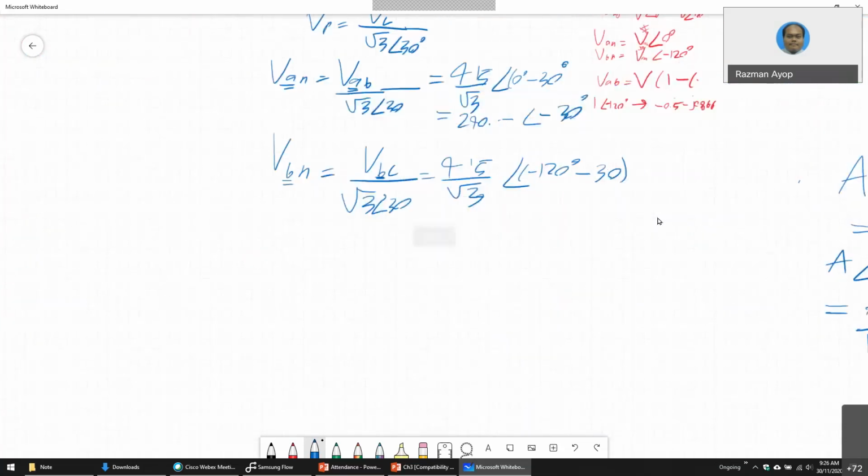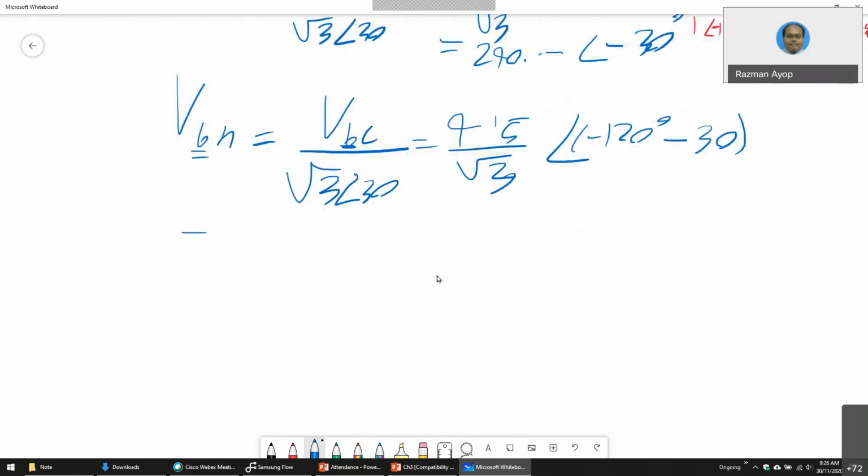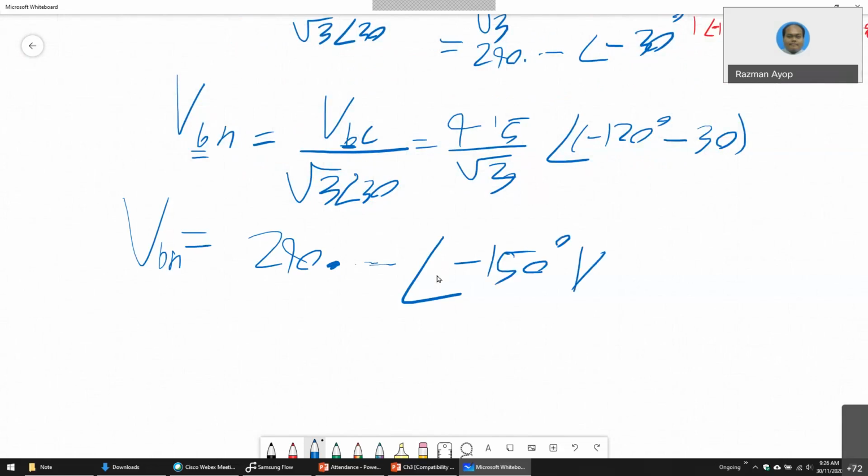So we continue again. VBN equals 240 point something, I don't remember, angle negative 120 minus 30, which is negative 150 degrees. The unit is volt.